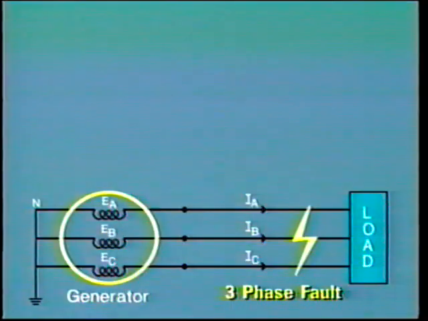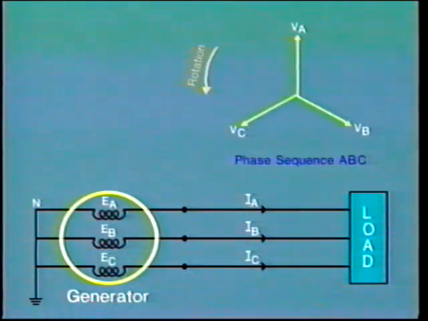In this segment, we're going to look at the application of symmetrical components, a tool to help us analyze unbalanced fault conditions. In the previous segment, we analyzed the conditions for a three-phase fault. The conditions before the occurrence of the fault are represented by this phasor diagram here.